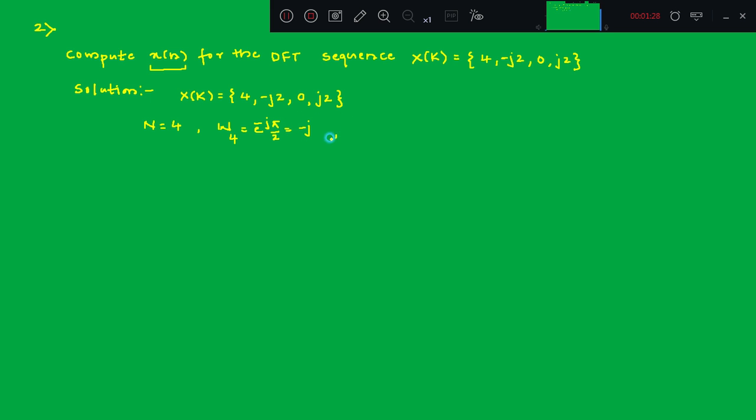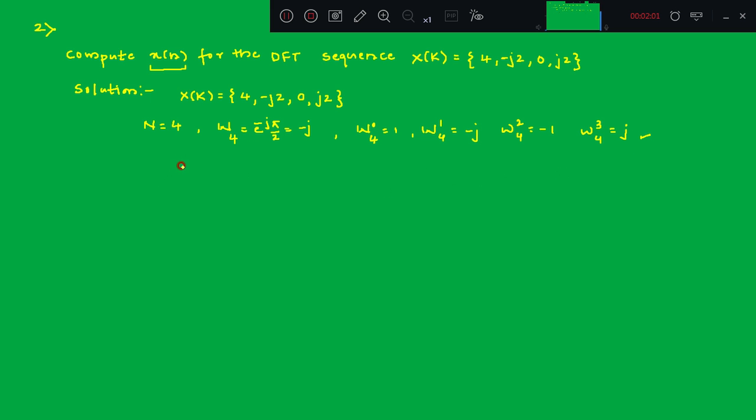Then you write down all the elements of this W4 from 0 to 3. So W4 0 is 1, W4 1 is minus j, W4 2 is equal to minus 1, W4 3 is equal to plus j, right? As I told you in the previous example, please remember all these values from W0 to W3, right?